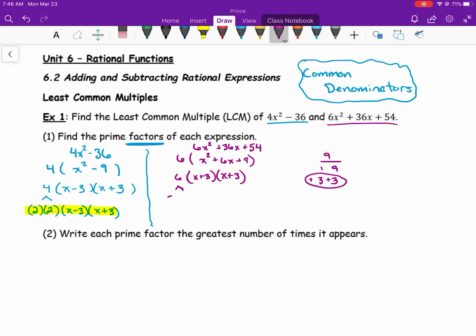The prime factors of 6 are 2 times 3, times x plus 3 times x plus 3. Now 2 and 3 are prime, so we're done there. The x squared plus 6x plus 9 is factored down, so that's broken down completely. Now this is what we call down to our prime factors.